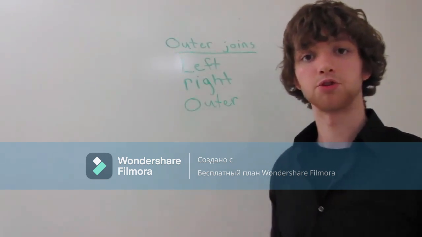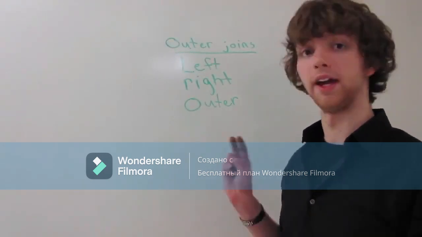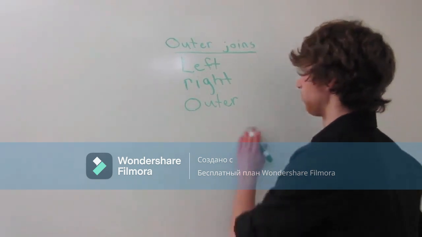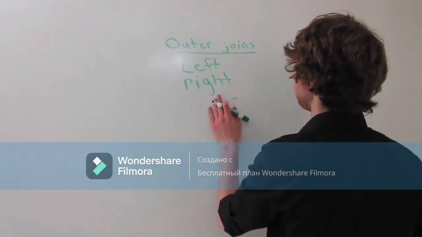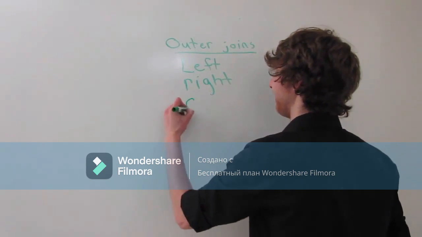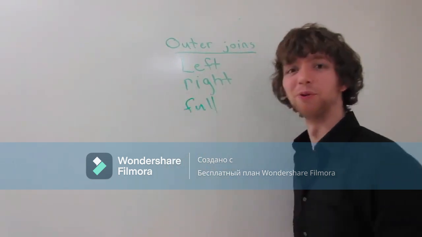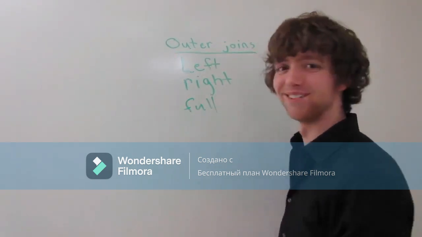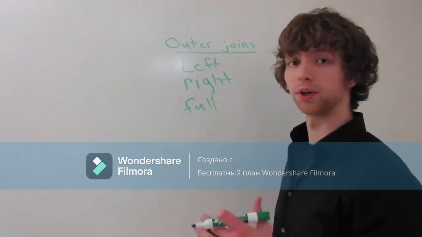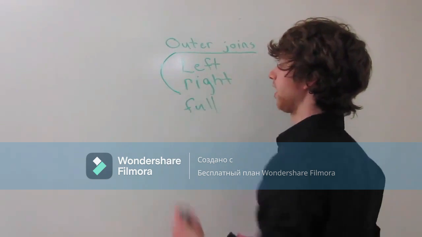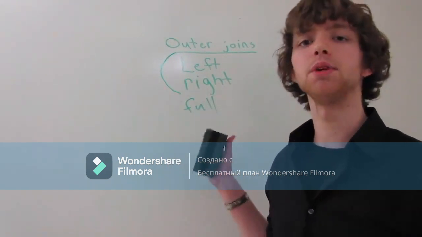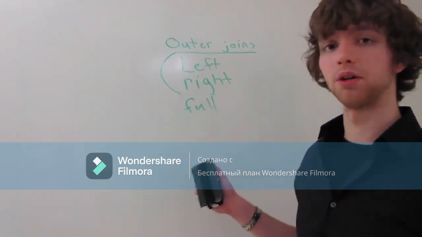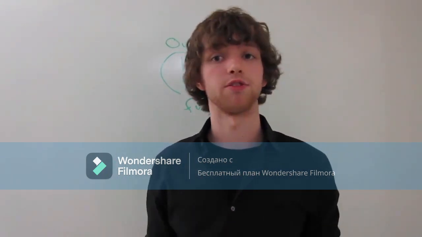There's a left outer join, a right outer join, and a full outer join, excuse me, I wrote outer join by mistake. Basically, we're going to be discussing these two right offhand, and full can be a little more complicated for some database management systems, so we're going to probably discuss that a little farther down the road, hopefully.